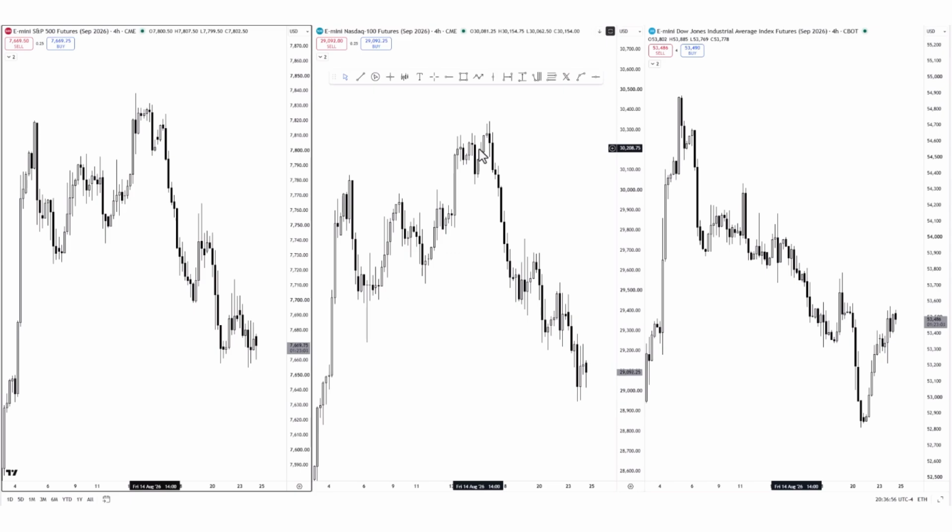You cannot come here and try to apply the concepts that we teach and share, and just use one asset. No, you need three assets at least. So here we have the triad: the S&P, the Nasdaq, and the Dow.